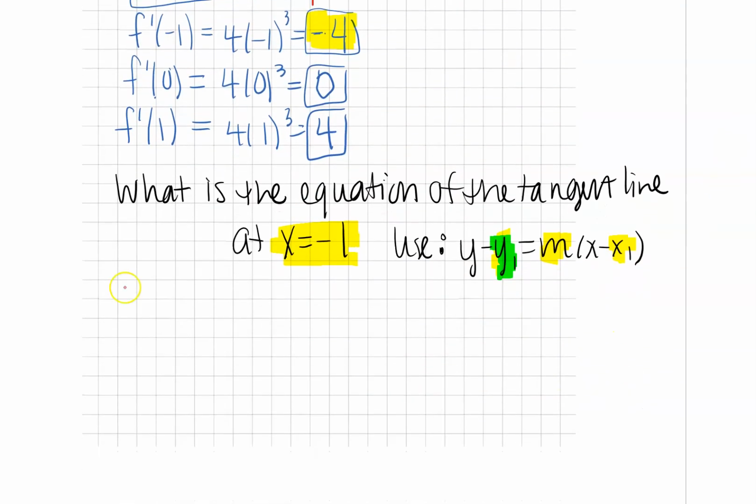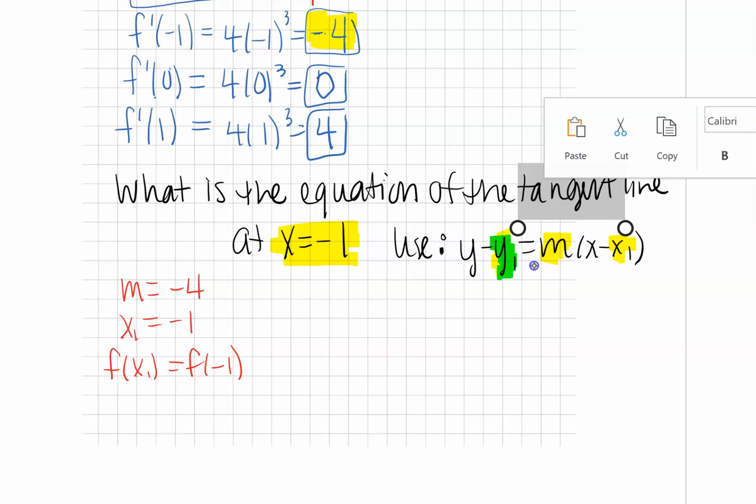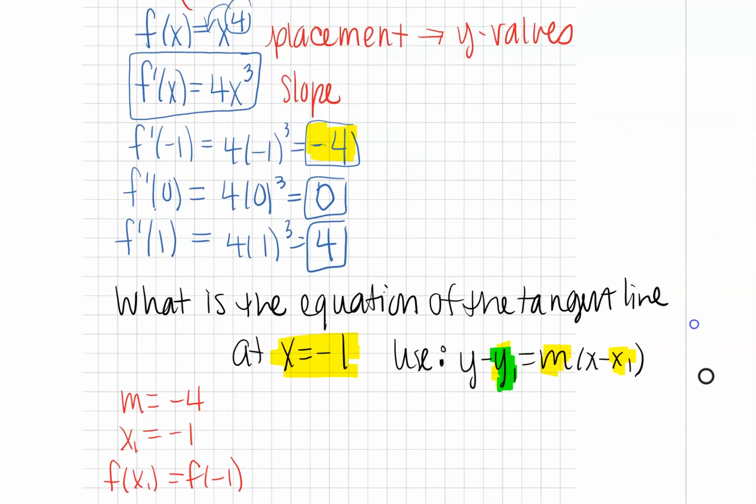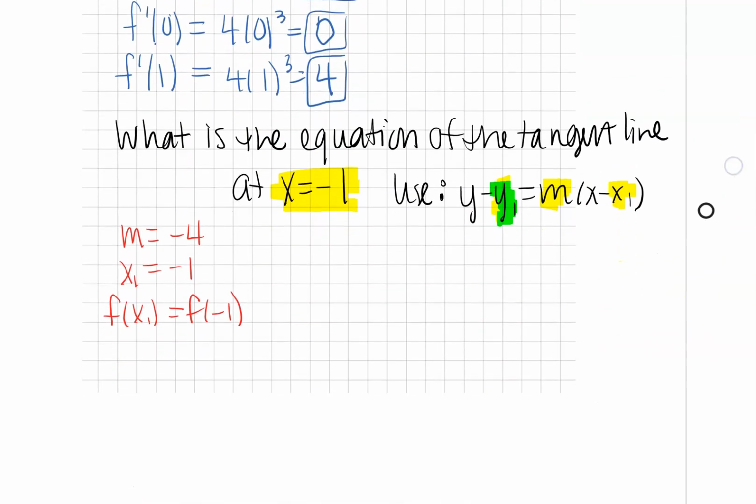So in this problem, I've got m equal to -4. I've got my x1 equal to -1, but I have to plug in that x1 into the original, which was x to the 4th, in order to get that y value. So -1 to the 4th power just gives me +1. And so now I have my y1.